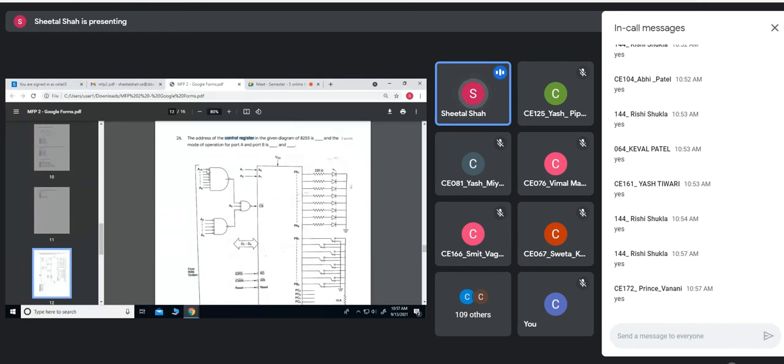You can see that the pins A15 to A8 are there: A15, A14, A13, A12, as well as A11. All these should be zeros, since they are connected through the inverter, that means they would become 1, and all these three are 1.